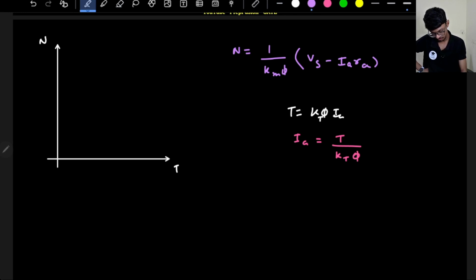So speed is equal to 1 by Km into phi into Vs divided by T into phi into Ia.